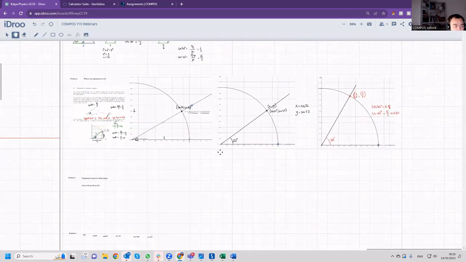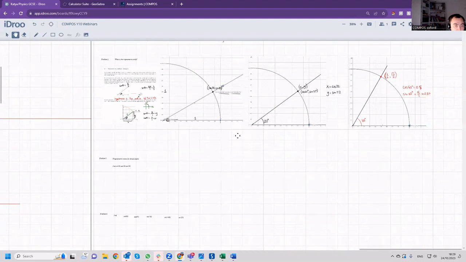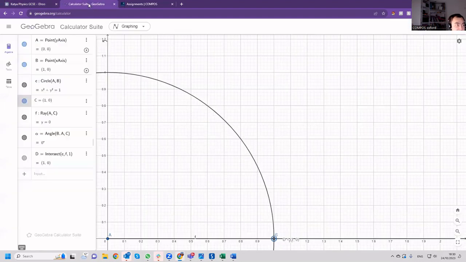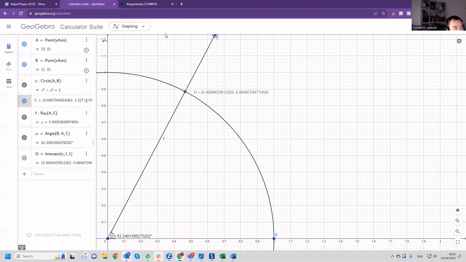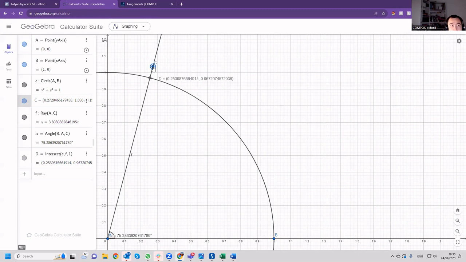Now, when you're confident with the circle, so basically, when you move this dot, the coordinate of point D, the intersection of this ray and the circle, is this cosine and sine.